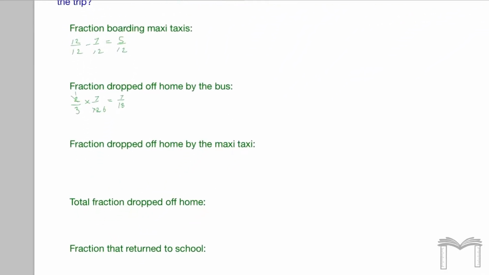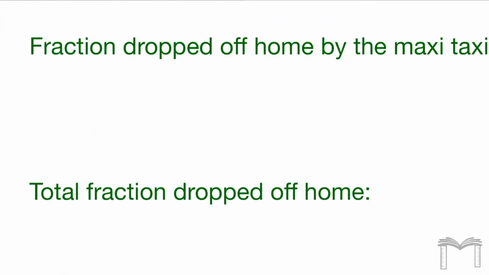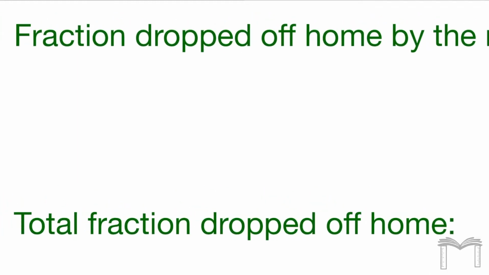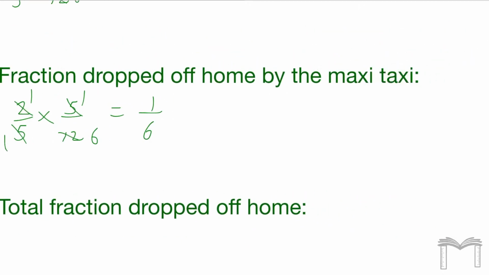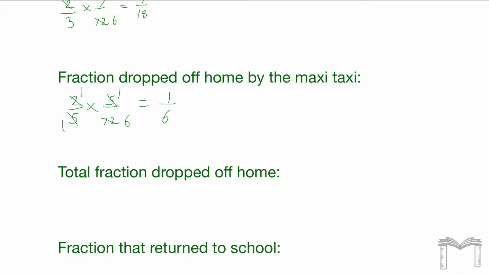So 2/5 of 5/12. 2 into 2, 1, 2 into 12, 6. 5 into 5, 1, 5 into 5, 1. So that's 1 times 1 is 1, 1 times 6 is 6. So 1/6 of the students were dropped off home by the maxi taxi.